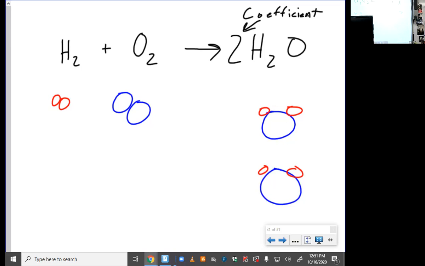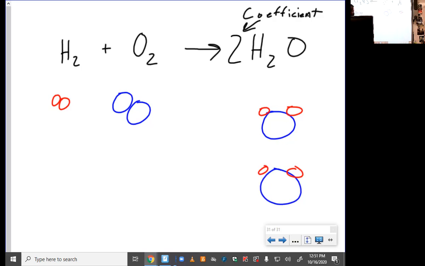Now let's see if we're balanced. What problem do we have now? Our oxygen is good, right? 2 oxygens, 2 oxygens. But what about hydrogen? How many hydrogens do we have over there? 2. How many hydrogens do we have here? 4.